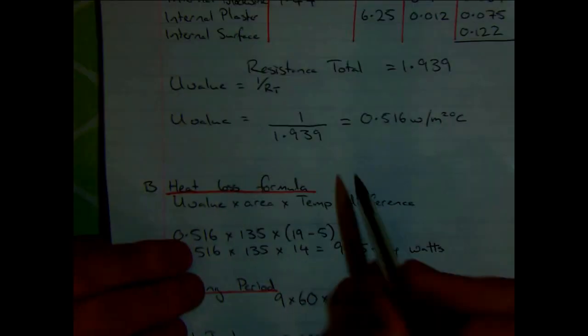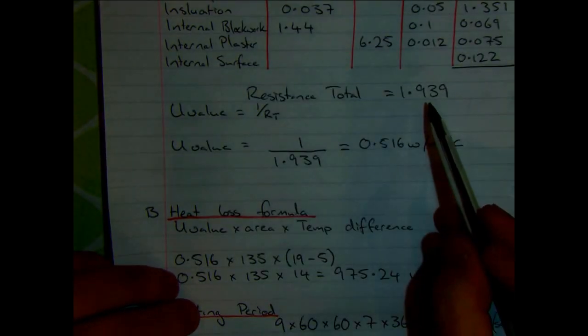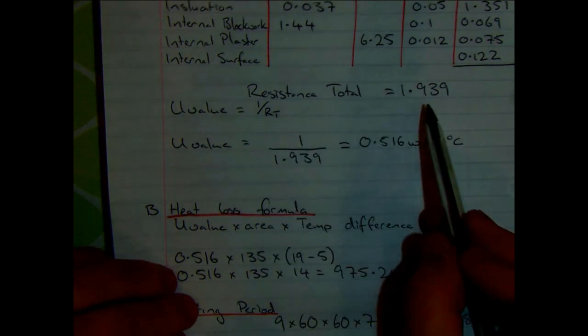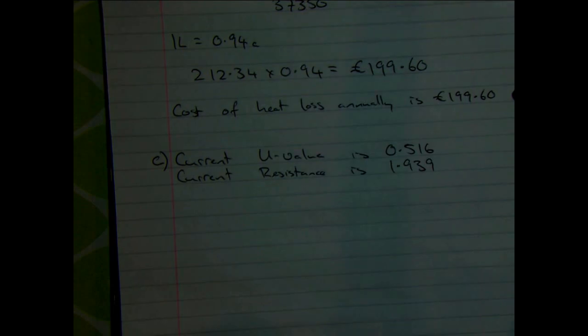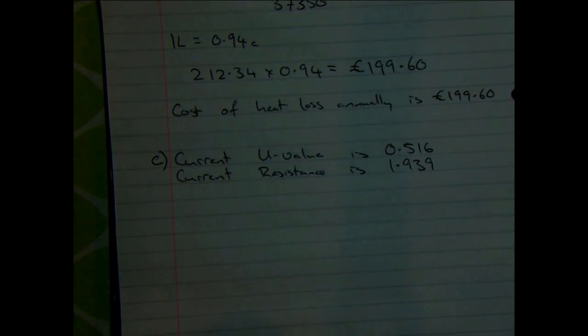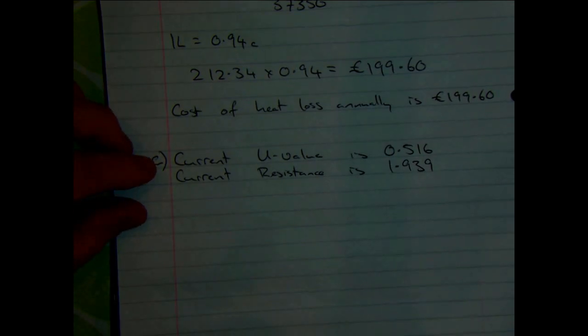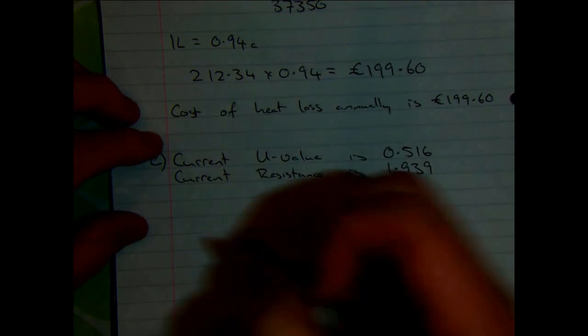Again, we have that information from our previous part of the question. From part A of the question, we have our total resistance. Okay, so what we need to do next is figure out the resistance we need to get the U value at 0.15.